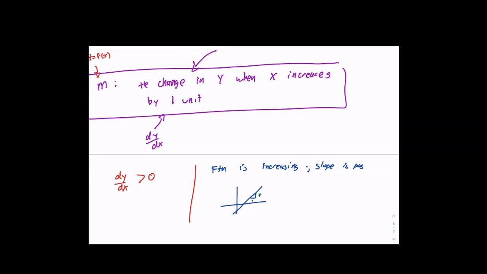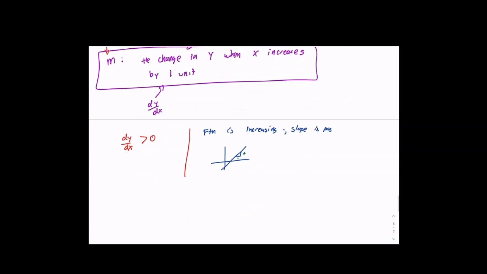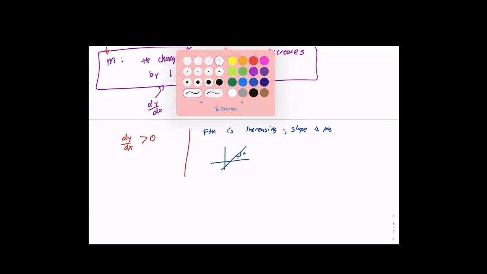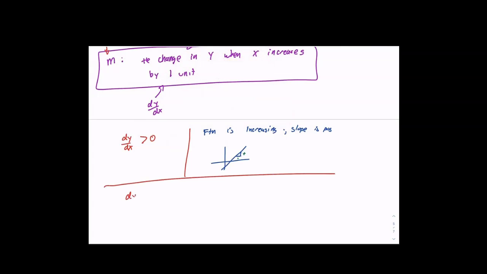So when we read the graph, it goes up from the left to the right, because we're always investigating what happens when you move over to the right by 1 unit. So there's those type of parts. If dy dx is less than 0, what does this mean?